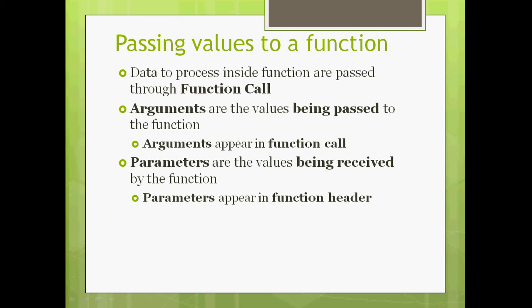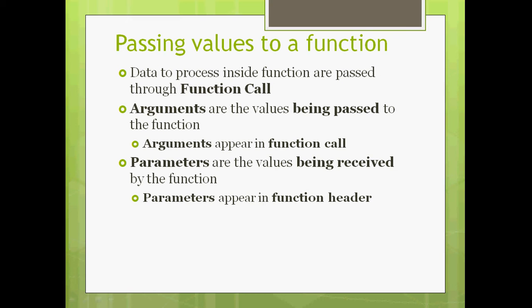Next we are going to talk about passing values to a function. We pass values to the function during the function call. So if a function needs to process some values, there are two different ways.